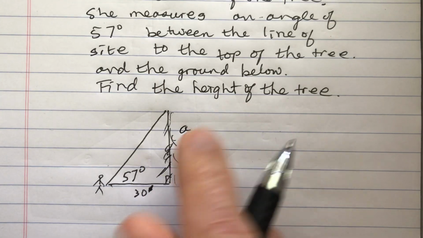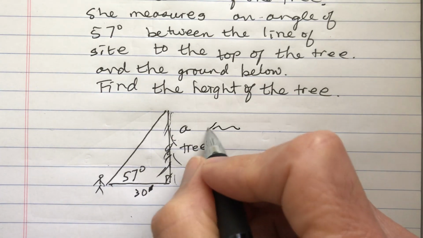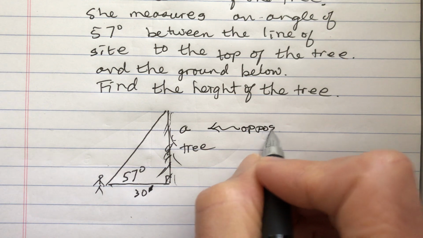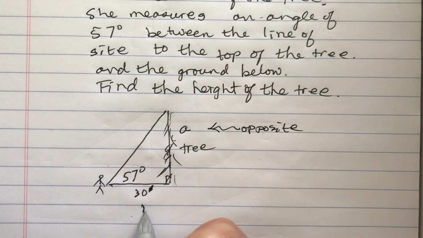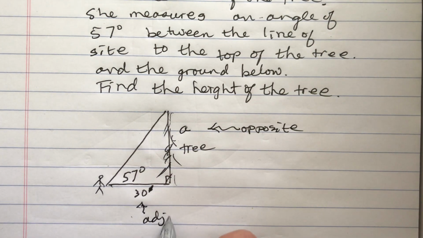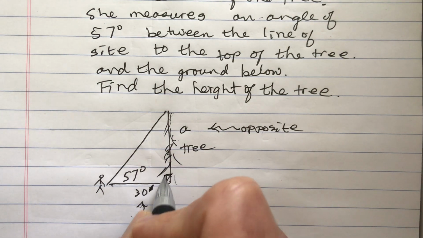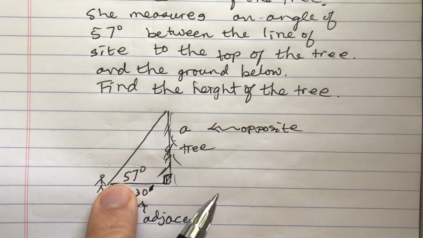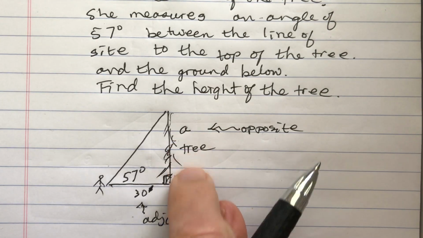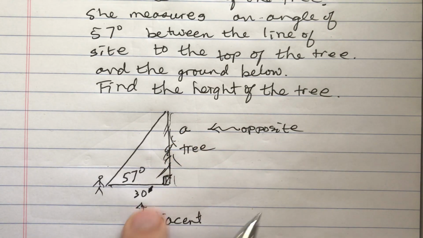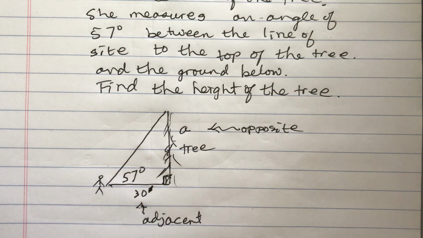And so what we have is the opposite and the adjacent, in relation to our angle. Opposite 57 is that height of the tree, and adjacent is 30 feet.